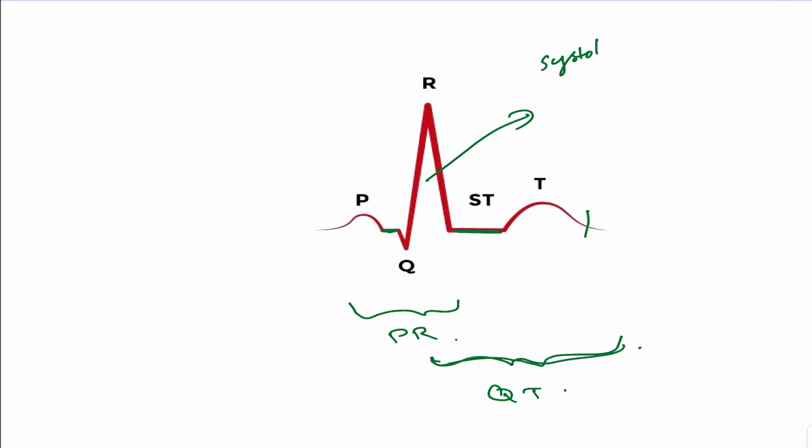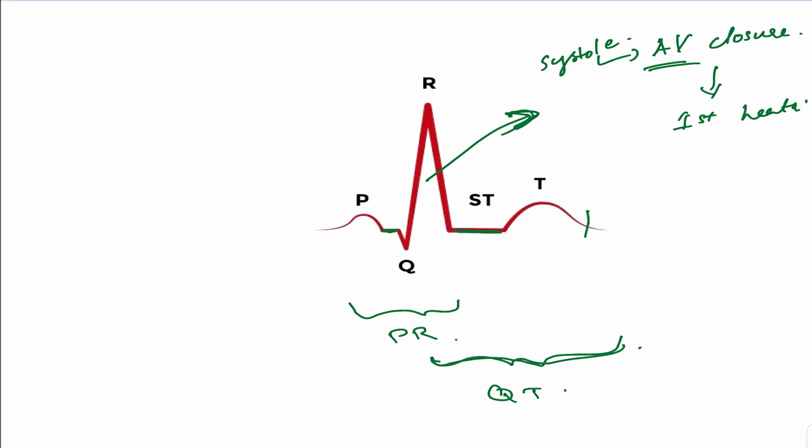We studied that during the beginning of systole, we have the closure of the AV valve. When there is an AV valve closure during the beginning of systole, we get the first heart sound. So the first heart sound is in the region of the QRS complex, because that is where ventricular systole or ventricular depolarization begins.